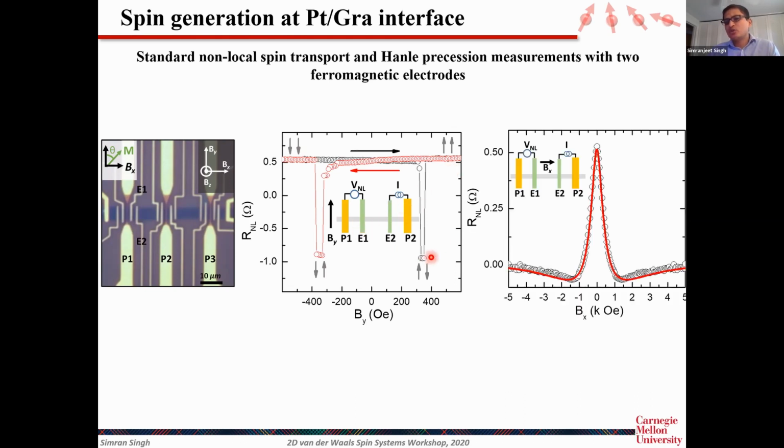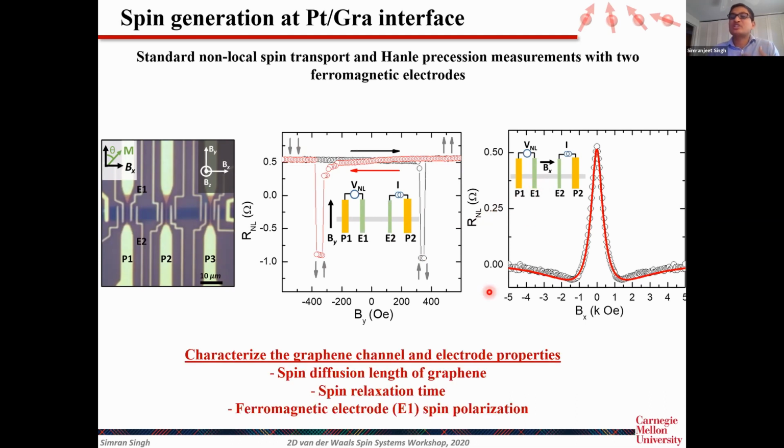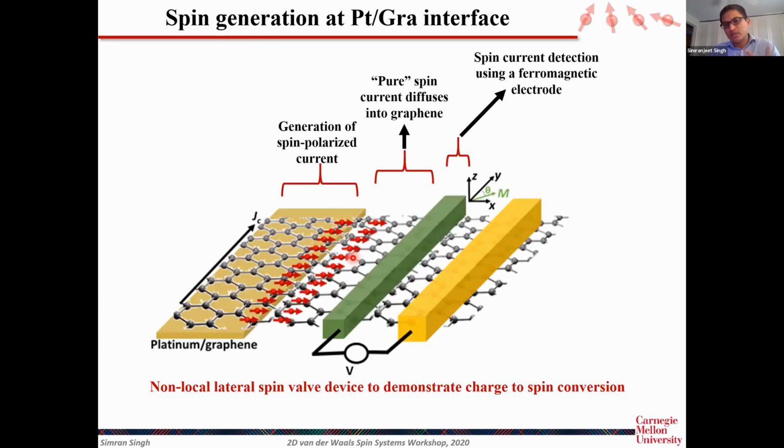Then you can also apply some transverse magnetic field to precess the spins to get information about the spin diffusion length in graphene, the spin relaxation time in graphene, and also the spin polarization of your ferromagnetic injector and detector electrodes. So once we have this out of the way, the next thing we want to move on to is to experimentally show the spin charge interconversion at these platinum graphene interfaces.